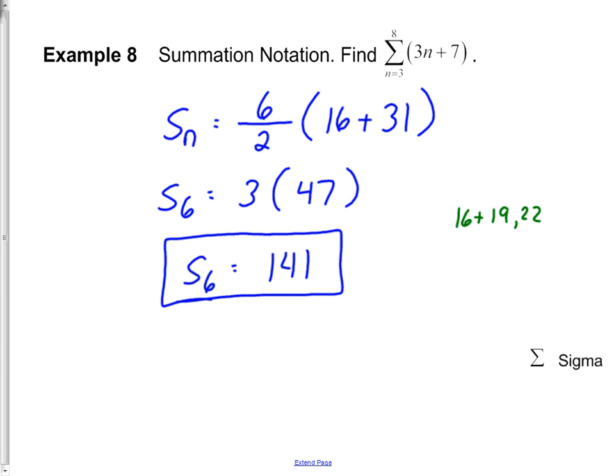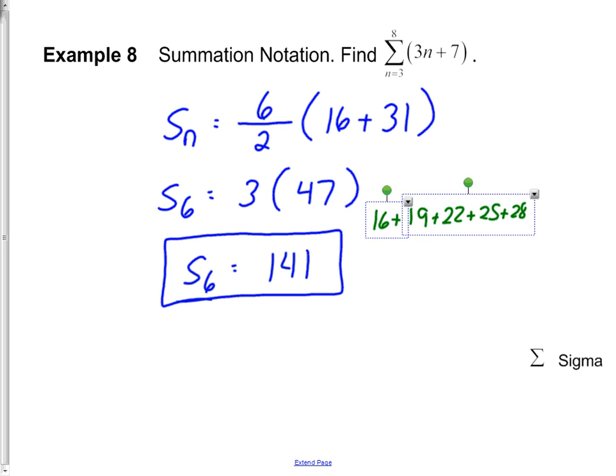So you can kind of see what's happening with my series already, right? Since it's an arithmetic series, I'm adding 3 each time. 22, 25, 28. And then the last one was 31, correct?